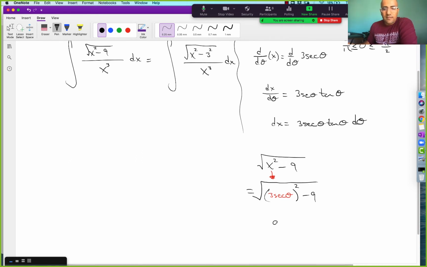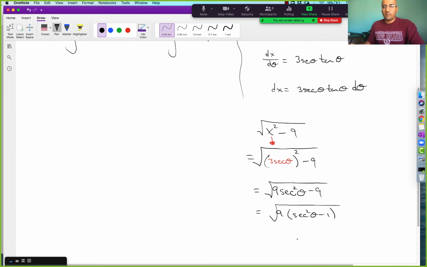That becomes 9 secant squared theta minus 9, all inside the radical. We can factor out the 9 and get 9 times secant squared theta minus 1 inside the radical. Now we can use our identity to replace this part with just tangent squared theta.